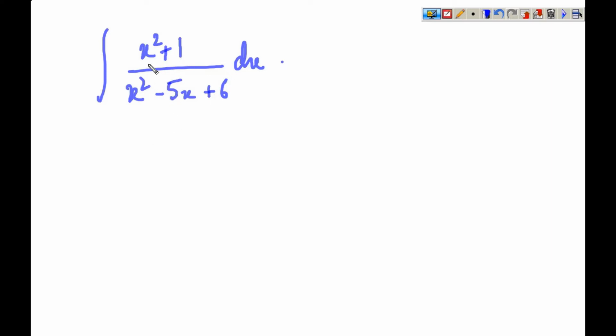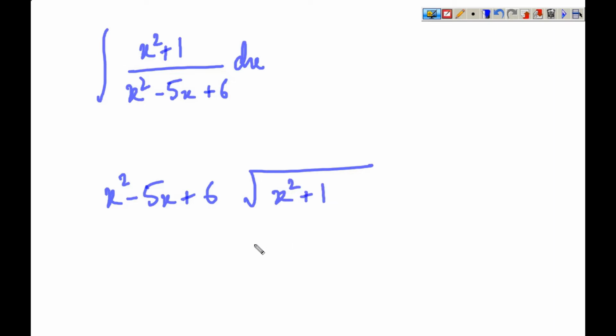Now if I divide x squared plus 1 by x squared minus 5x plus 6, I'll get the remainder as, let's do the division process. It will be helpful for you. So I'm writing this in the divisor part and the dividend is x squared plus 1. Now we have x squared in the divisor as well as the dividend, so I just multiply it with 1 and I write down similar terms under this one.